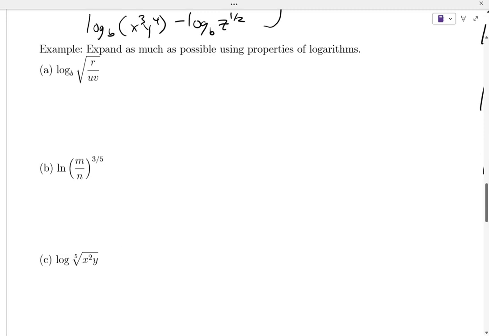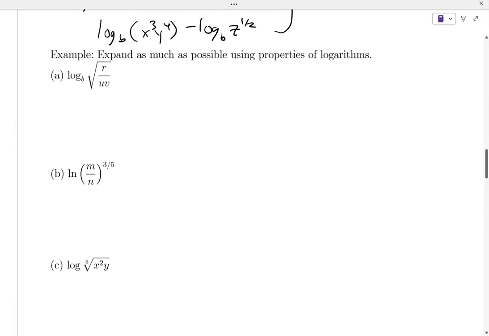Let's look at this first one, where we've got log base b of the square root of r over u times v. Before I do anything else, what do you think we might want to do with that square root? Okay, good. Yes, write it as a power. You did two steps at once. That's exactly right. We first write it as a 1/2 power.